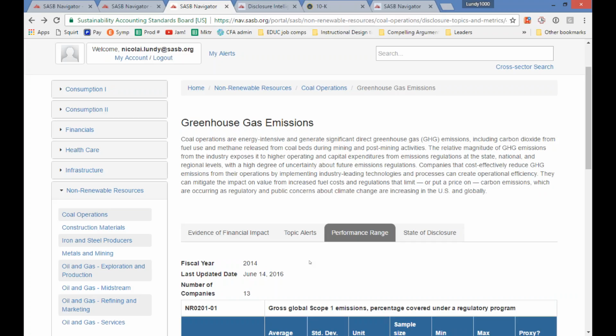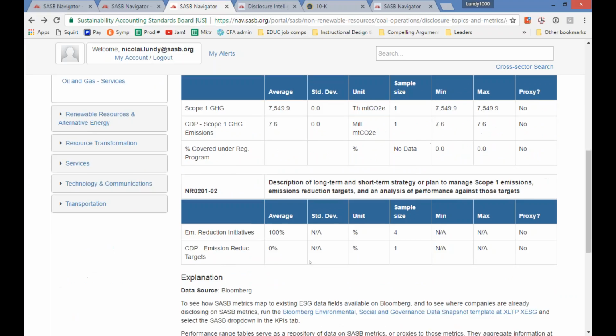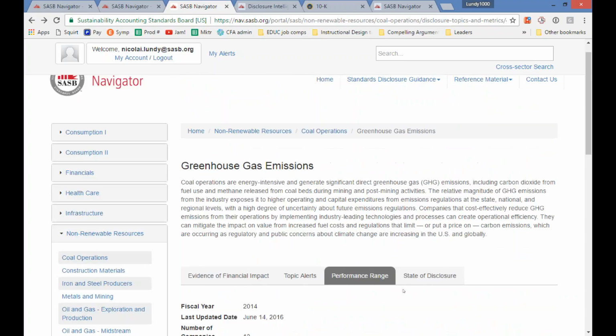Great. So we do have two questions that can be bundled. The first: are these data based only on the SEC filings or drawn from other sources as well? And do those files go back several years, or what is the time frame? Great question. So the performance range tables that exist in the Navigator are just for the most recent year.